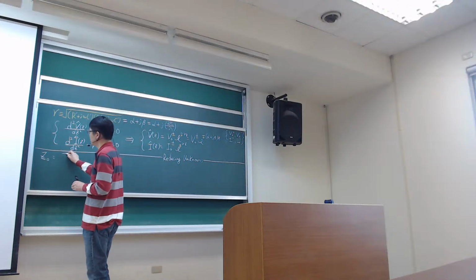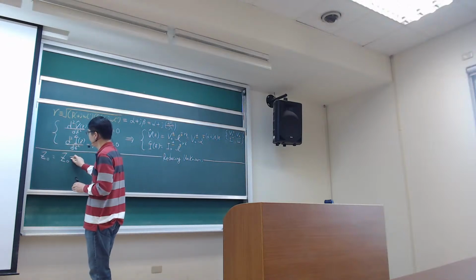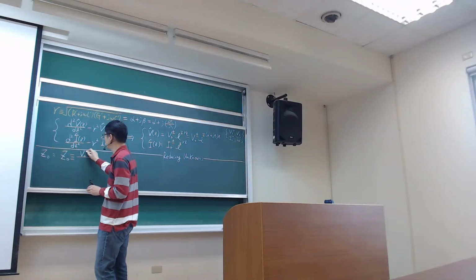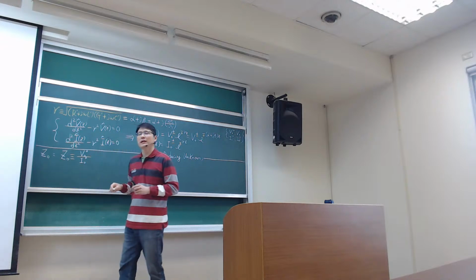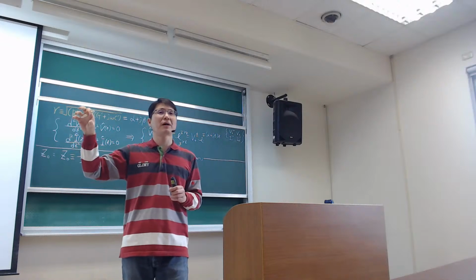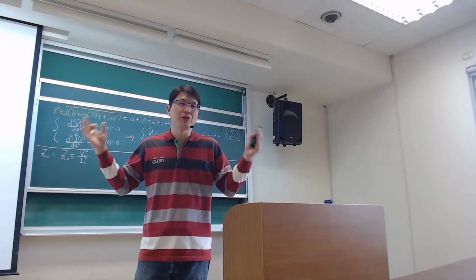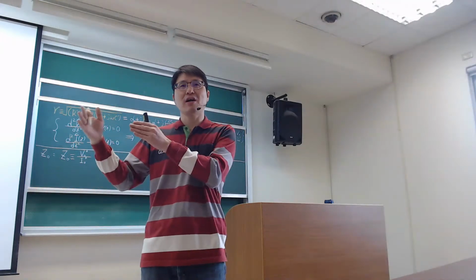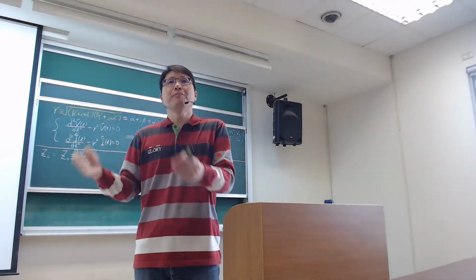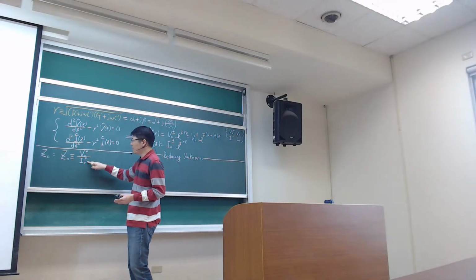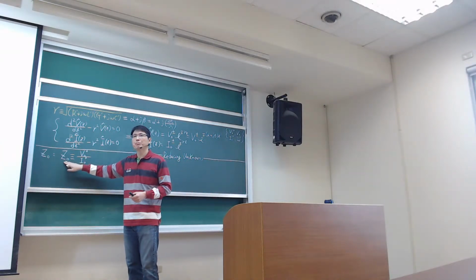So the question is, if I define impedance, by definition it is voltage divided by current, just like resistance. But when you have complicated circuitry, you have RLC, you have impedance, right? This is the formal definition. Voltage divided by current is impedance.